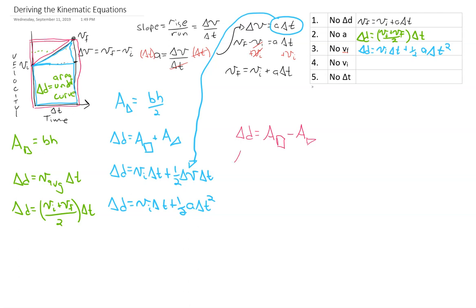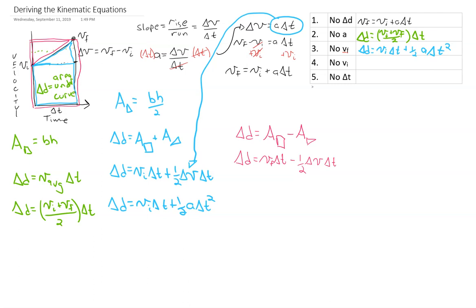So here, I'm going to find my change in distance. The area of the large rectangle is VF times time, because that's how tall it is. And then subtract 1/2, my base is time again, and my height is also change in velocity, same as before. Change in velocity times change in time.